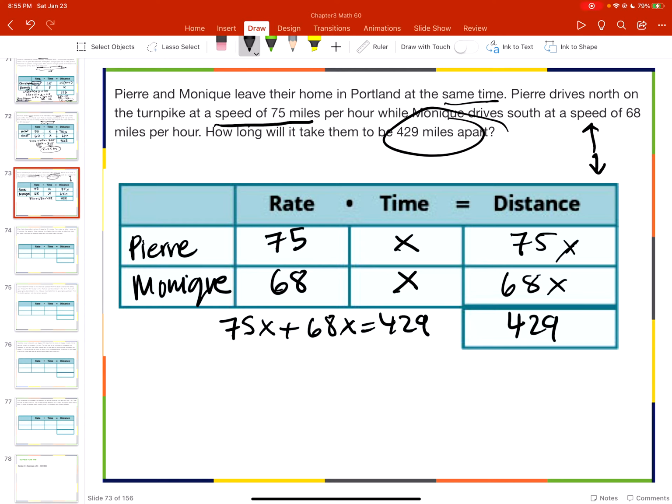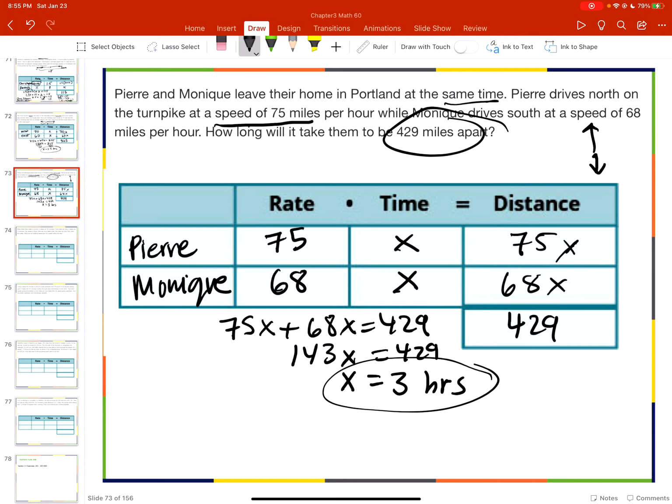So let's go ahead and combine these two terms. That's going to be 143x is equal to 429. So 429 divided by 143 is going to be 3. So x is equal to 3. So it took them 3 hours to be 429 miles apart.